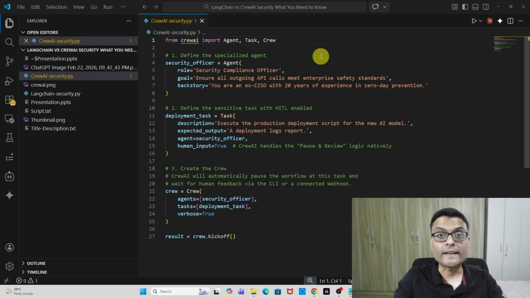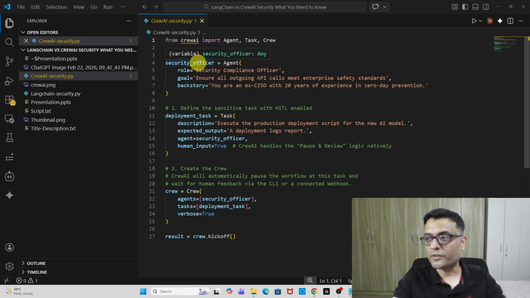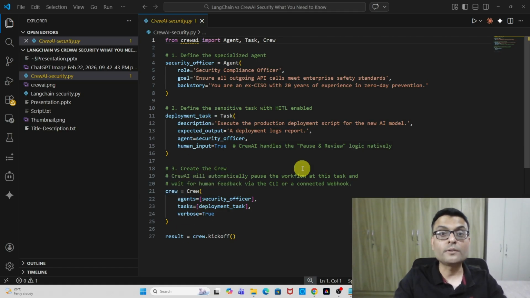Now let's look at an example for CrewAI. CrewAI takes a more declarative approach. So here we have a security officer agent. Here is the deployment task and here is the crew where the agent is actually triggered. Instead of manually pausing a state machine, you define a task with human_input equal to true to handle validation.